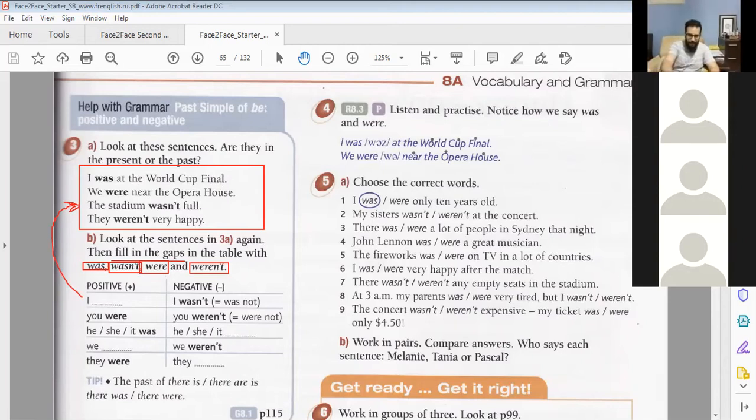I was الإجابة الصحيحة. Correct. Very good. I was.